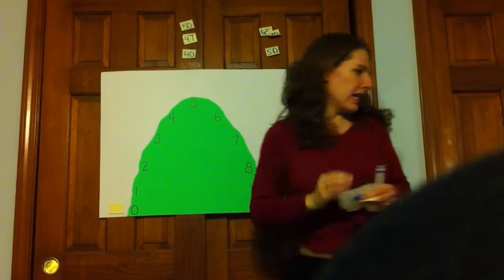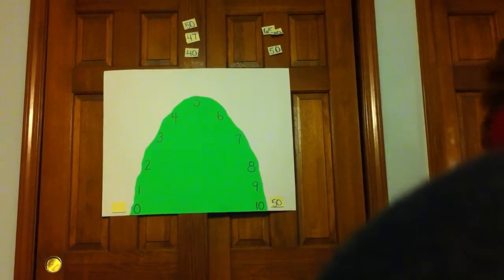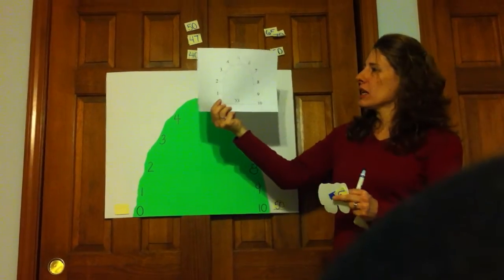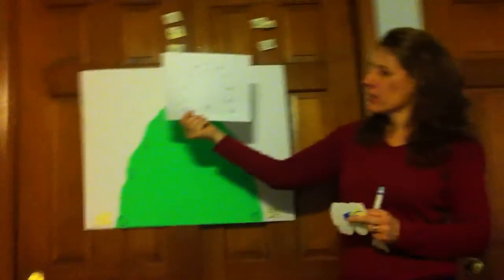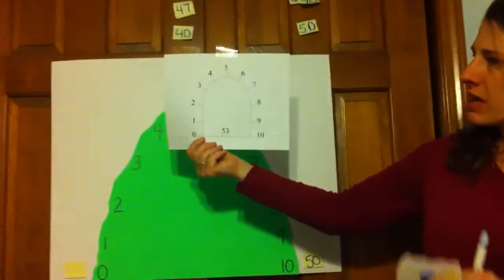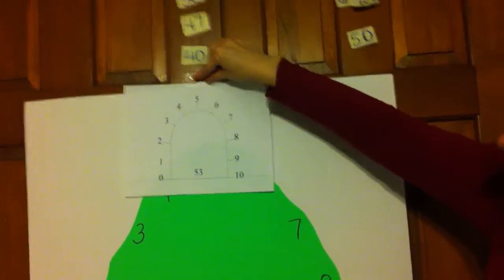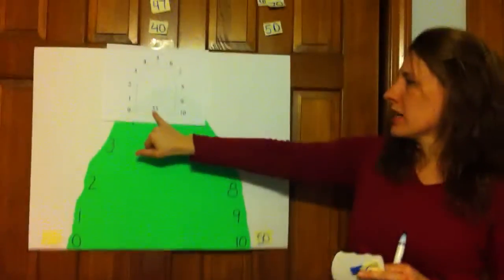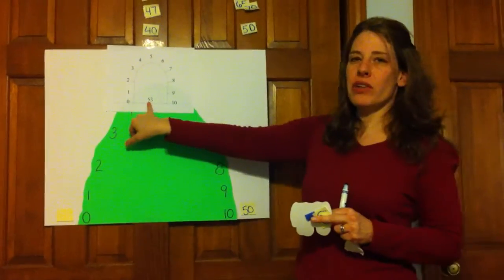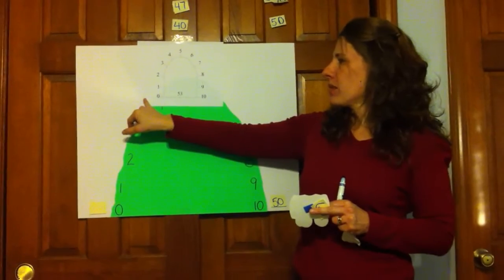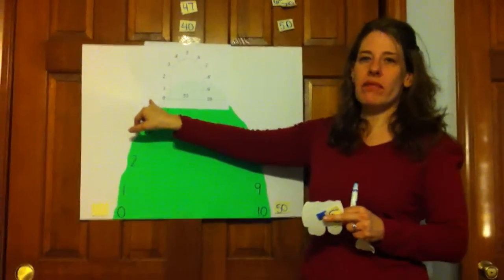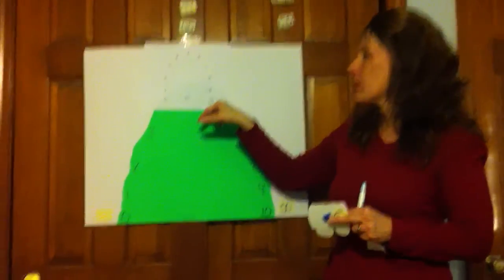Now the homework today, you have a sheet that looks like this. It's a rounding mountain that's not quite the same, but it's the same kind of idea. And there's a number on each one right here in the middle. So what you need to do is write on this side the number that goes below it for the tens, and write the number that goes above it.